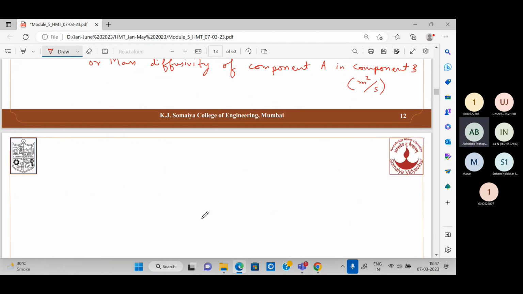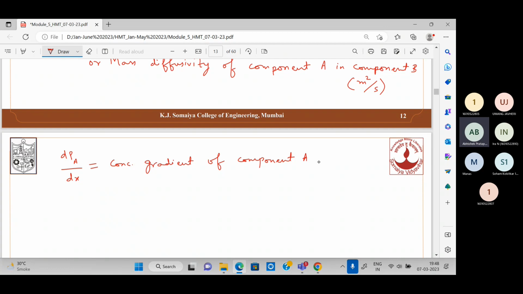Now, what is this d rho A by dx? D rho A by dx represents the concentration gradient of component A, a driving potential for the diffusion of a species.